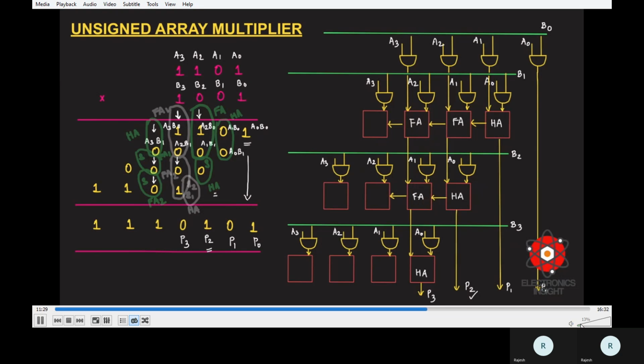Similarly, on the MSB side, there also you require a half adder. In between you require full adders because you require three bits to be added: two product terms plus the carry from the previous stage, or three product terms and also the carry from the previous stage.